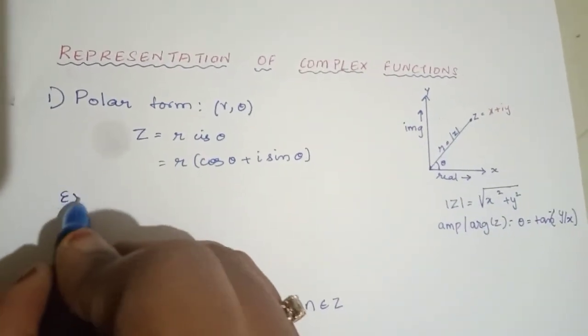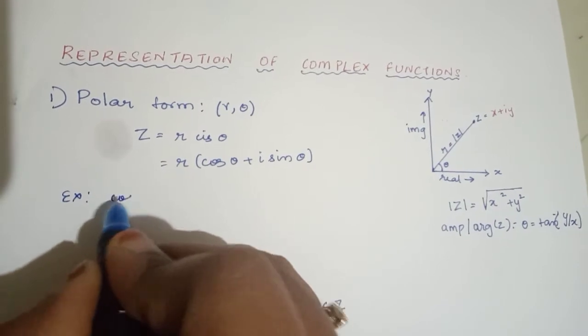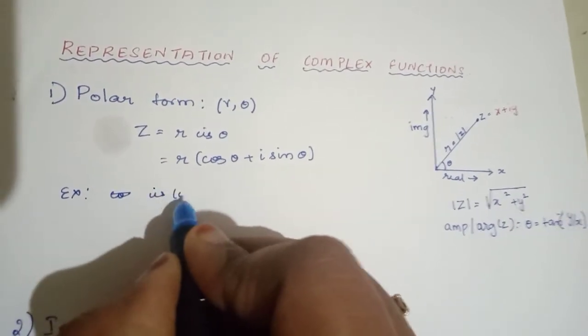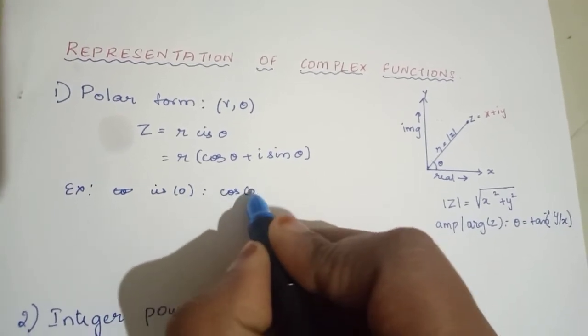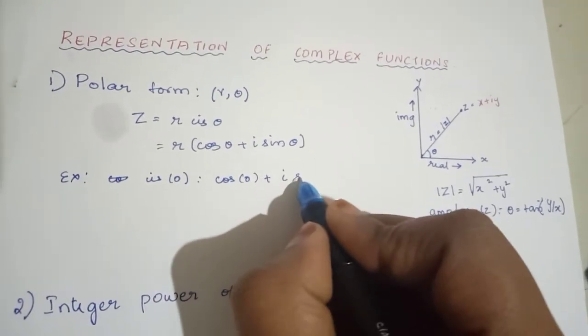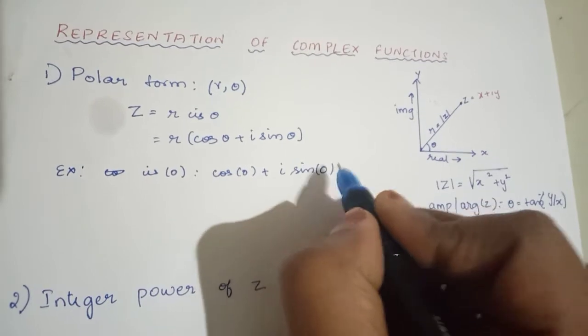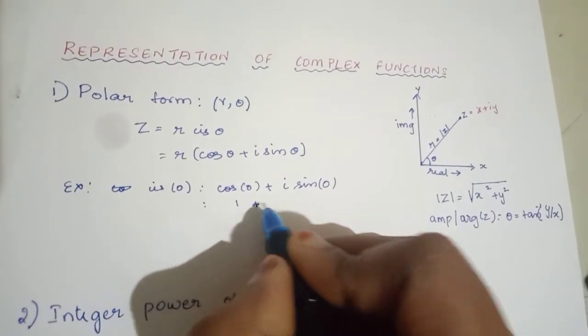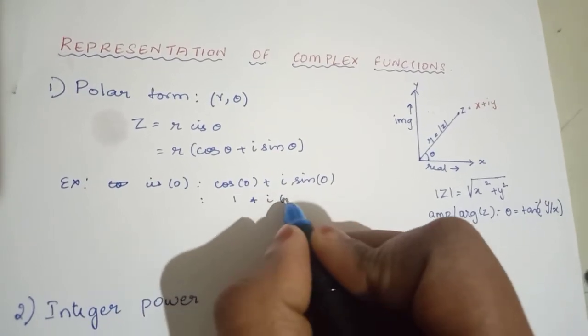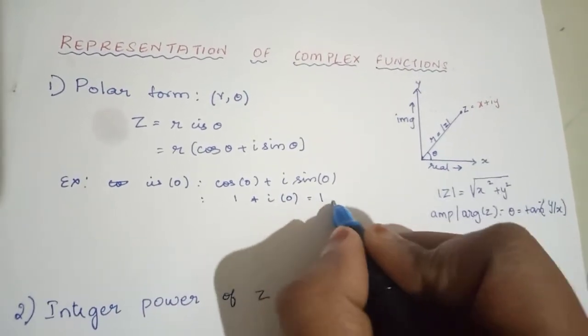For example, we can consider cis 0, which is nothing but cos 0 plus i sin 0. Cos 0 is 1 plus i into sin 0, which is 0. So the answer will be 1.